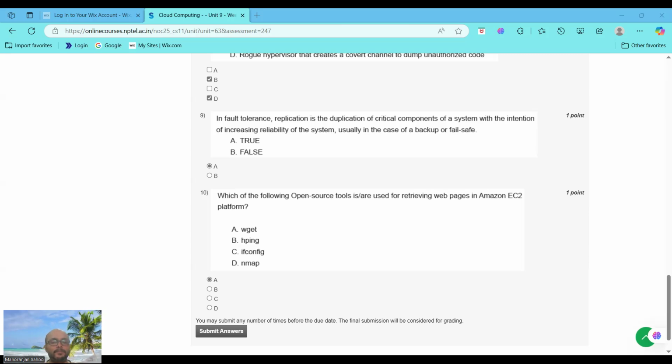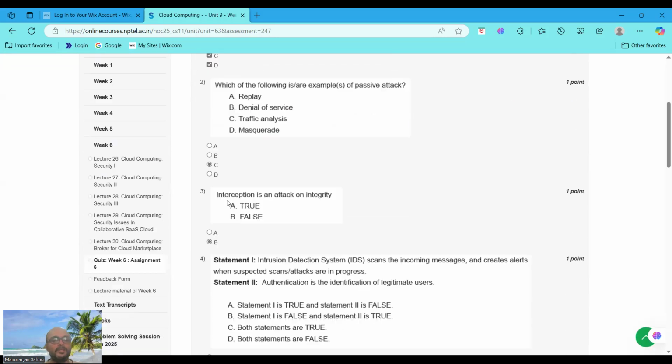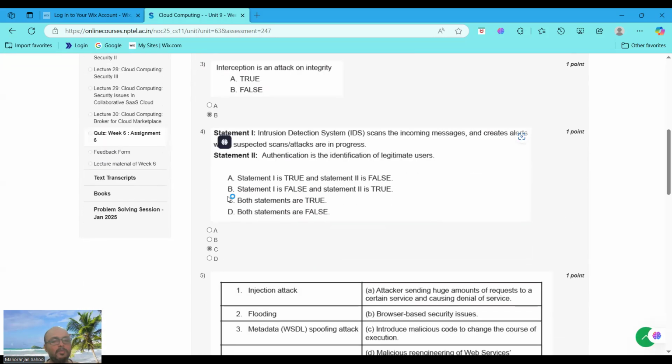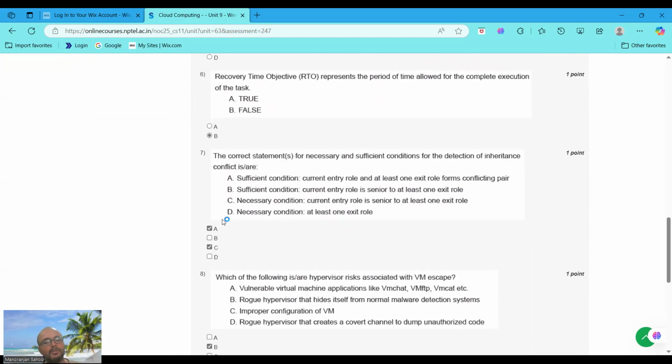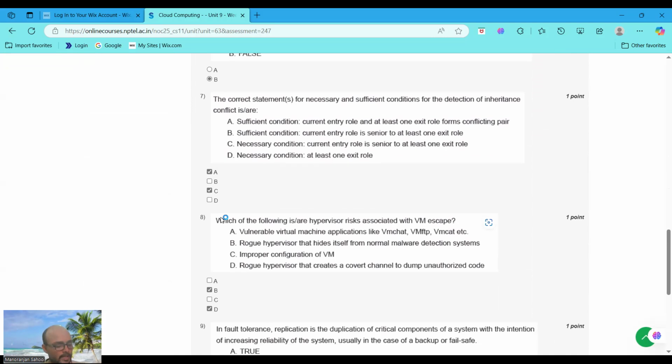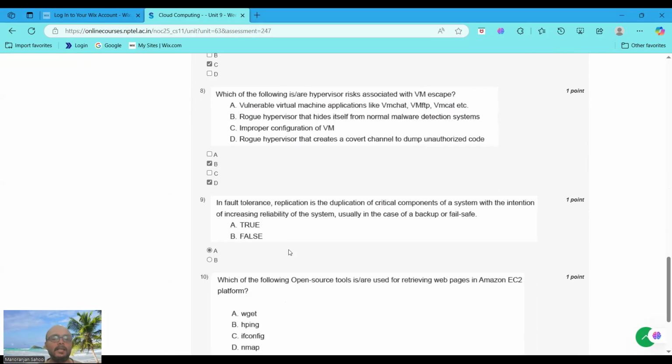So now we just verify our answers. Question number 1, we can choose both options C and D. Question number 2 is C. Question number 3 is B. Question number 4 also C. Question number 5 B. Question number 6 also B. Question number 7, two options, A and C. Question number 8, B and D. Question number 9, true.